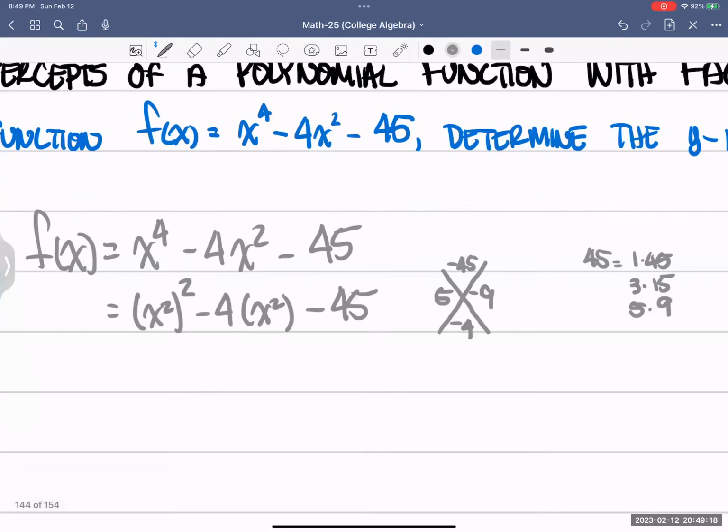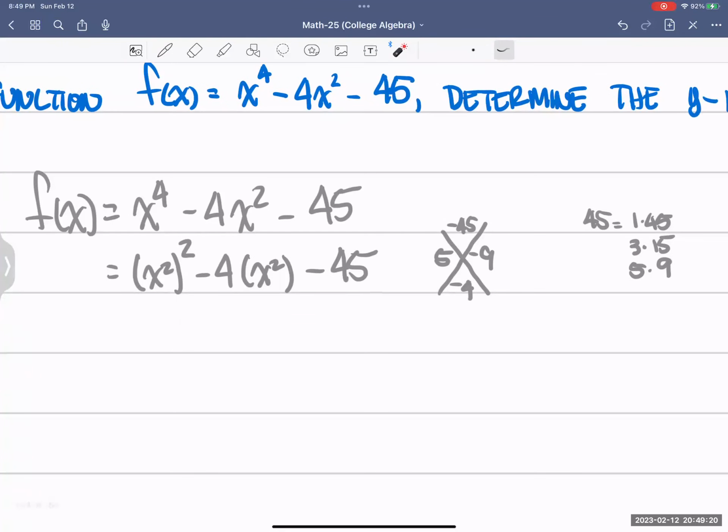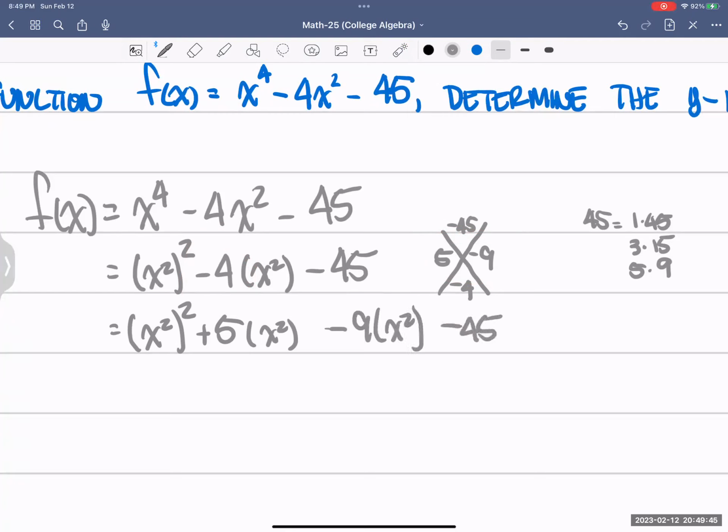Now let's rewrite this. Instead of negative 4, we're going to write it as the sum of 5 and negative 9. So I'm still going to keep x squared squared, then plus 5 x squared, minus 9 x squared, minus 45.